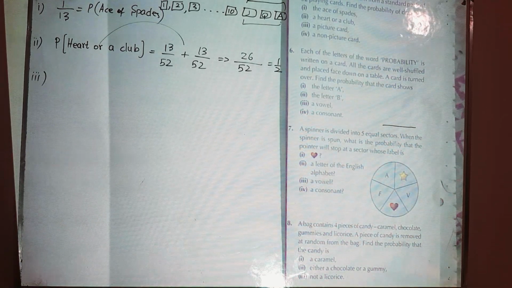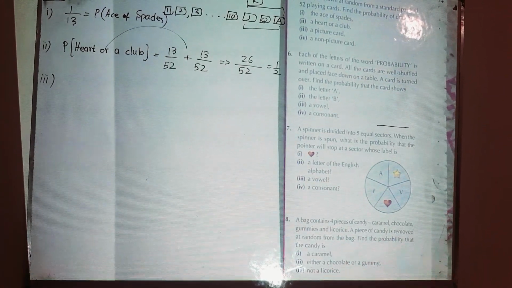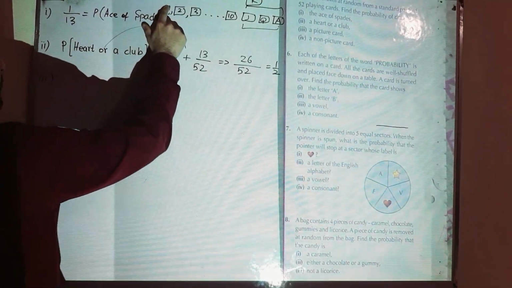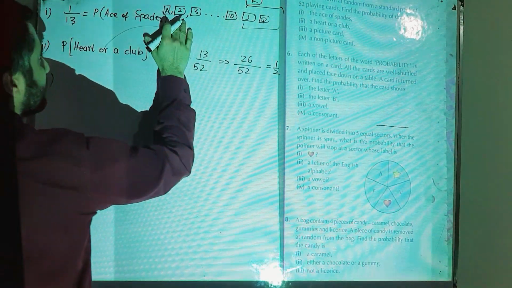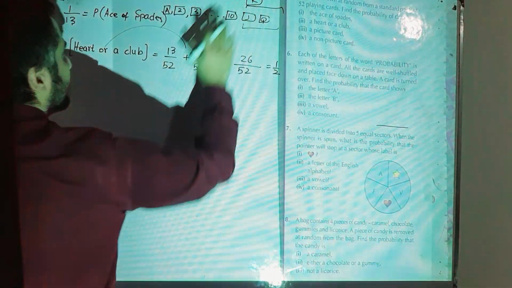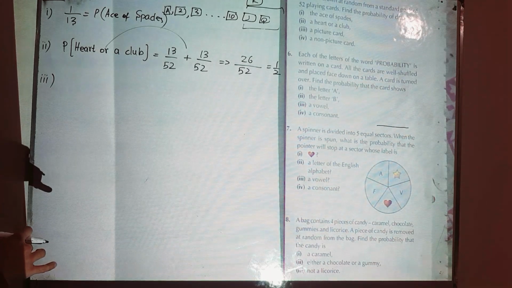I think we have an ace over here in place of 1, and then we have 2, 3, 4 till 10, then jack, queen and king. Okay, that's the right combination over here.